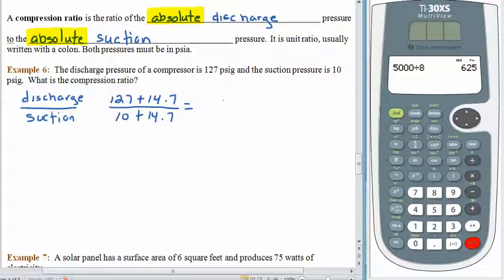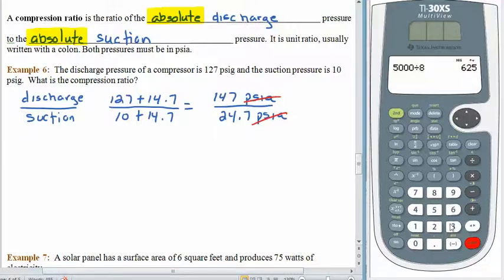Let's see, the numerator, 127 plus 14.7 is 147 psia. And in the denominator, that's 24.7 psia. And even though we know that the units are going to cancel out, it's not a bad idea to write them down the first time just so that we don't forget to actually convert to absolute pressures.